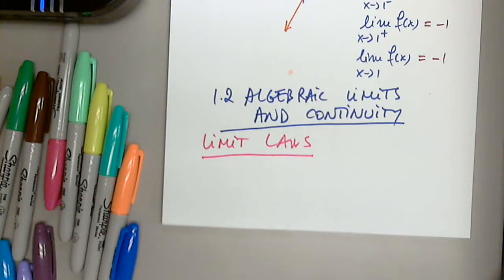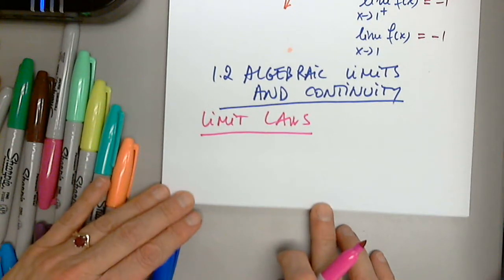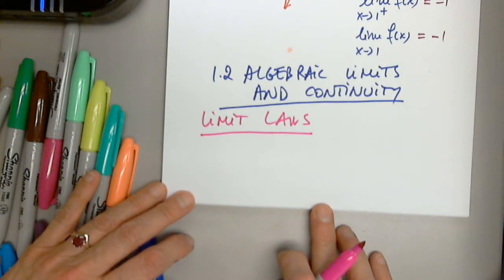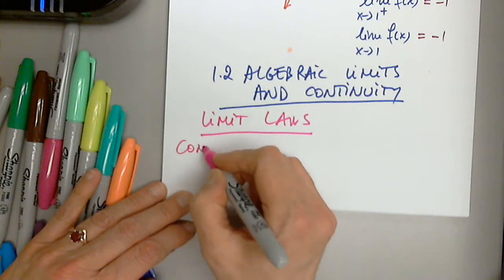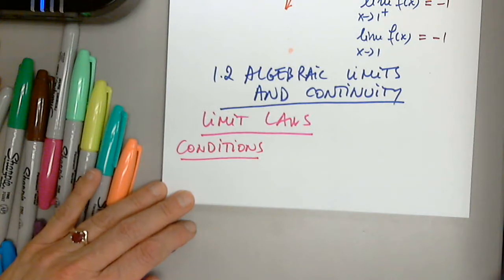They call them properties in your book, but they are basically limit laws. They don't exist unless certain conditions are fulfilled. So here are the conditions, without which, if they're not fulfilled, we cannot apply the limit laws.